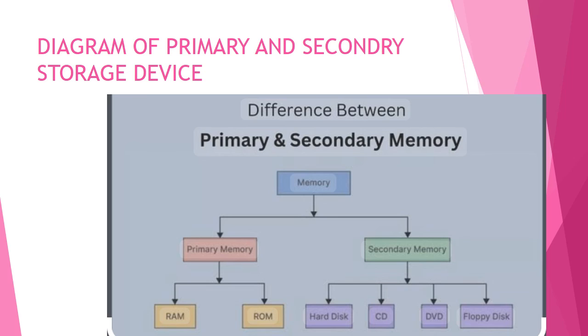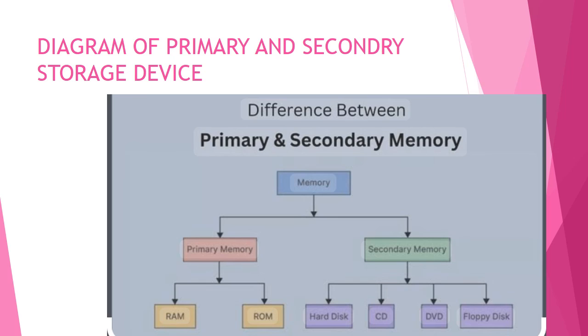So the difference between primary and secondary storage: RAM and ROM are under the primary storage, while the secondary memory is known as the hard disk, CD, DVD, and floppy disks.